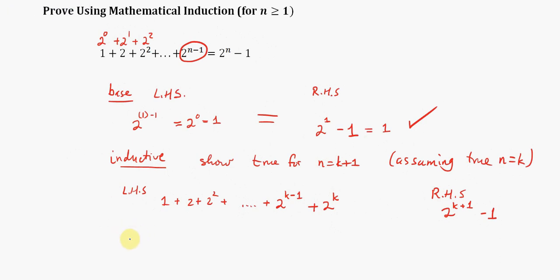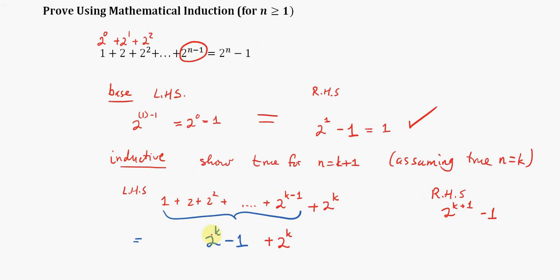Now the left-hand side is, again, we're going to use the inductive hypothesis, or the inductive assumption, that up to this point, this is equal to 2 to the k minus 1. Okay. And then we're still going to add 2 to the k to that.